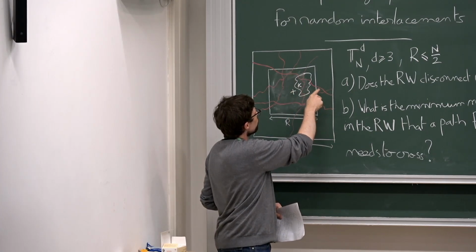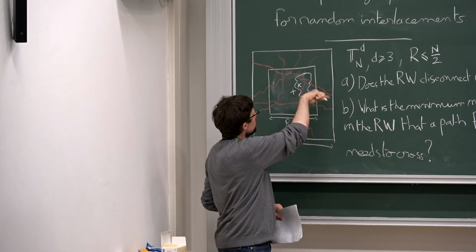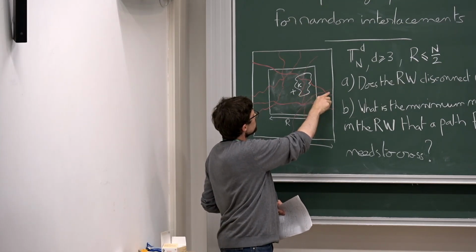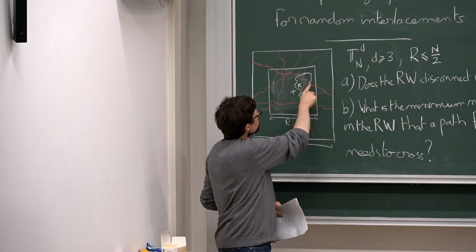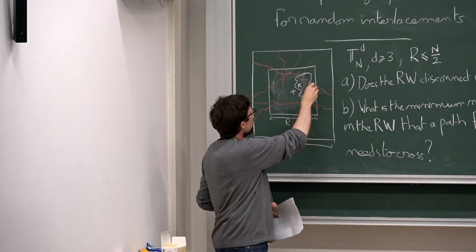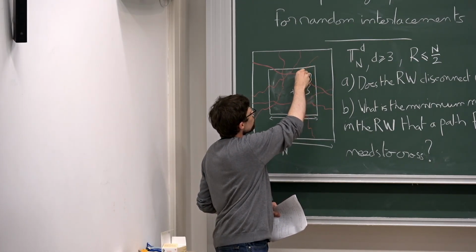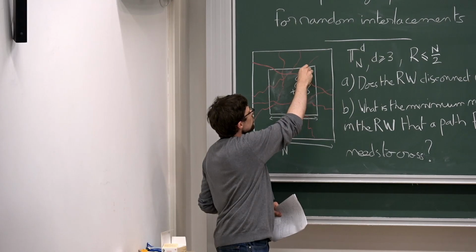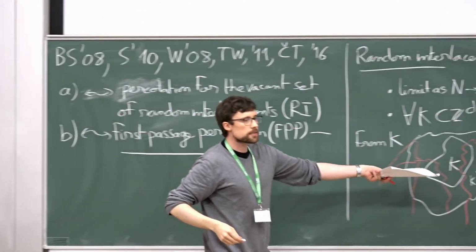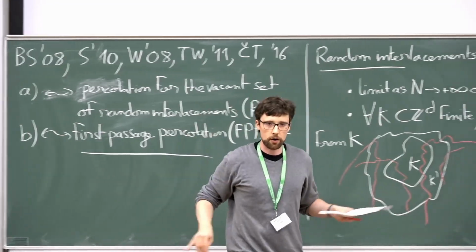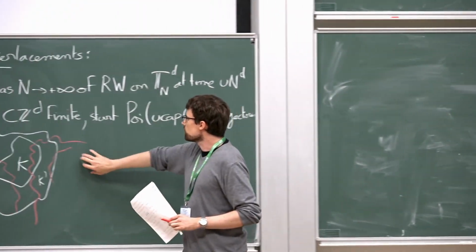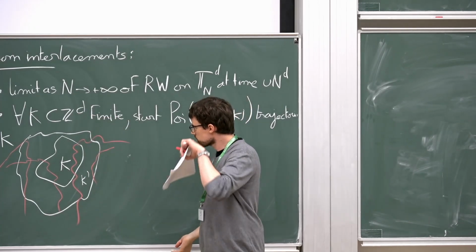And then my walk, once it is far from K, where far is finite and fixed and does not depend on n, will basically become independent of what happened in K because of mixing. And then the next time it hits K, for instance through here, it will just be a new trajectory. So these are exactly the two trajectories that I drew here. That's how the two models are connected. So this is just the local limit of the model on the left.